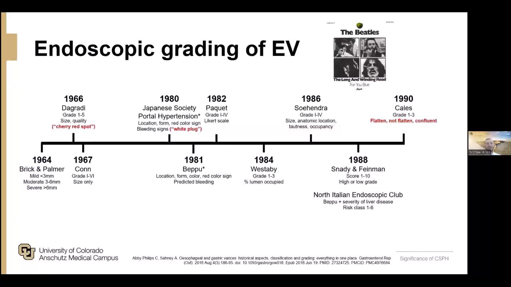And then a lot of these were very qualitative. So you can look at things like form, color, red color signs, percent lumen occupied. And while some of these were designed to predict bleeding, they really didn't provide a uniform way to communicate amongst not only hepatologists, but also to identify cohorts of patients to do meaningful clinical research on them.